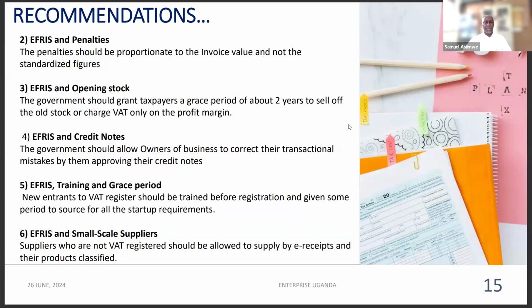And of course, also within this area, there's another recommendation I've thought about, the small-scale suppliers. As I've talked about small-scale suppliers, these suppliers who supply to supermarkets, supply to big shops, but they make their cakes at home, because we are here to support the low-income earners also, and this has been the government mandate, and that's why they have been put under the income tax bracket of presumptive taxpayers.